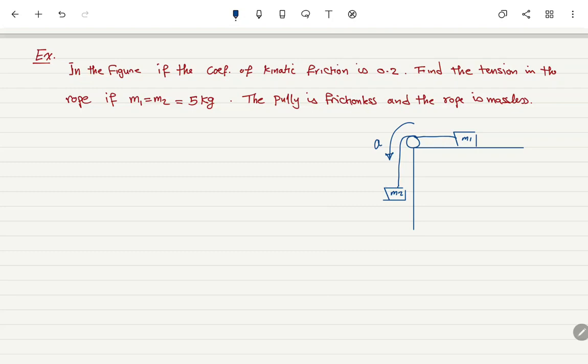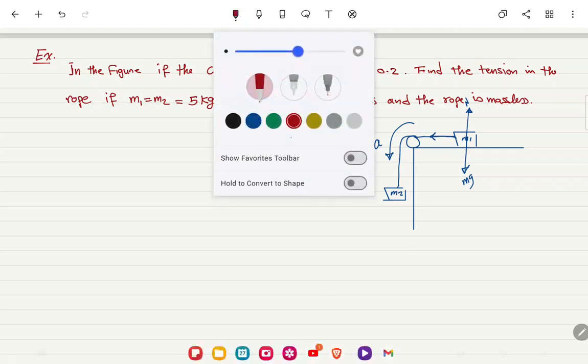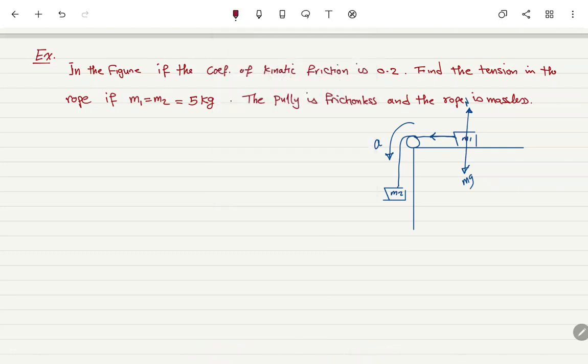Now, before starting with the equations, we have to draw the free body diagram. We should identify the forces acting on M1 and the forces acting on M2. So starting from M1, the forces acting on M1 are its weight, M1g, and a normal force, and there's a tension.